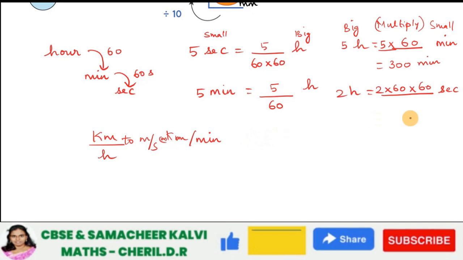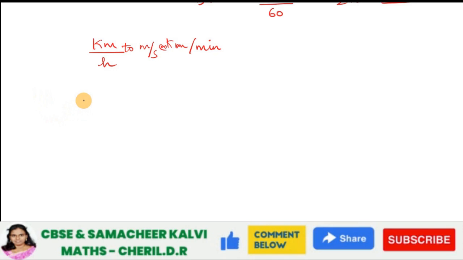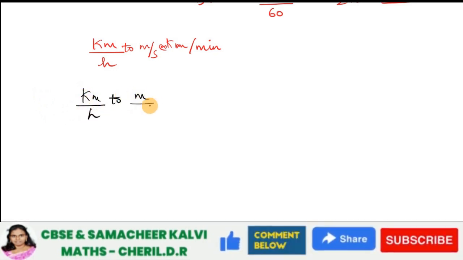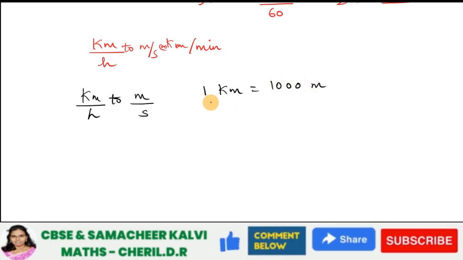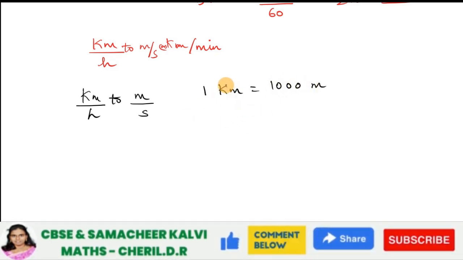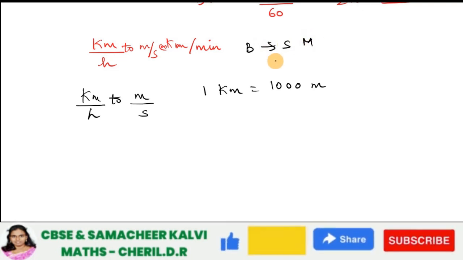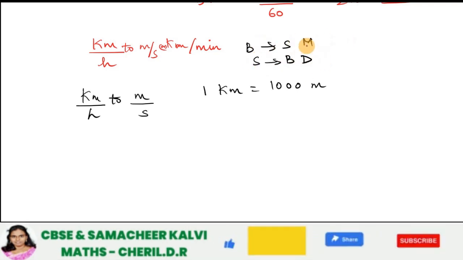If I am going to do kilometer per hour to meter per second, then I know 1 kilometer is equal to 1000 meter. How is it? Big to small. Big to small means what? Big to small, multiply. Small to big, divide. SBD BSM. You remember this.